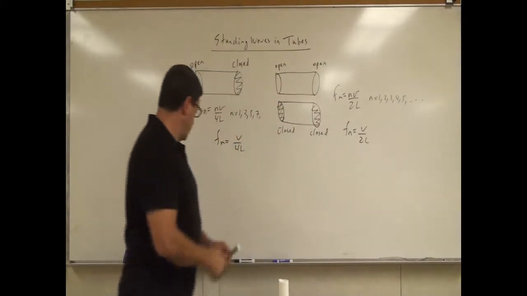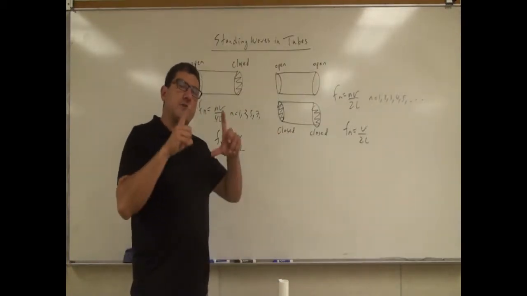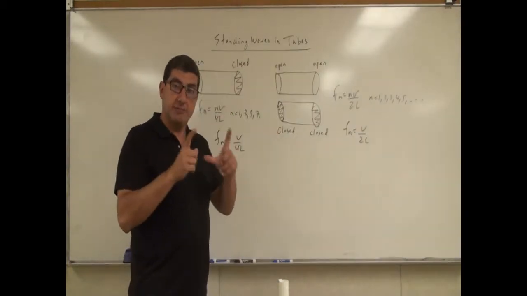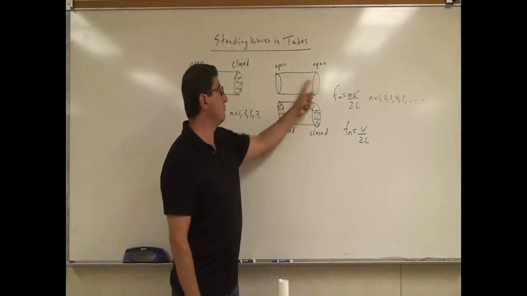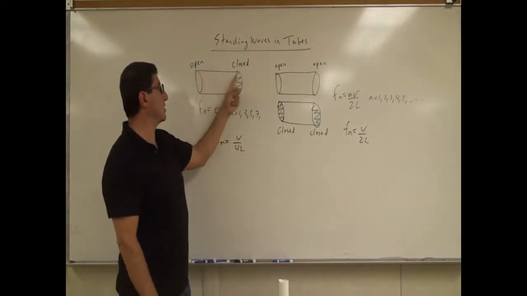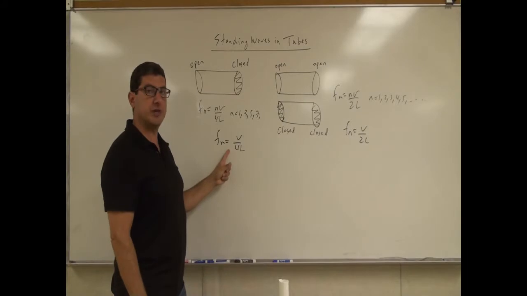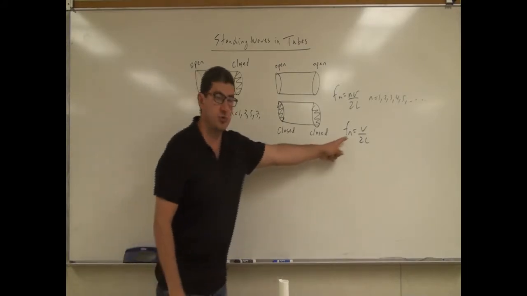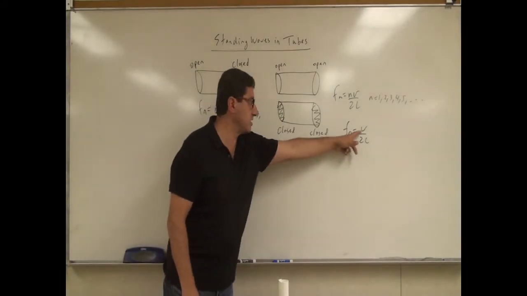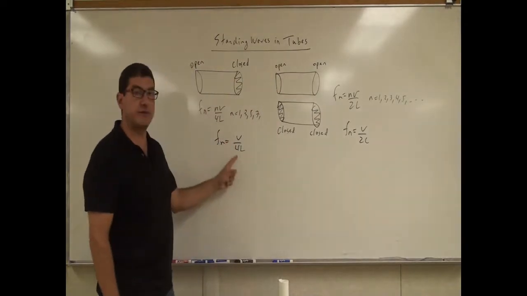Okay? So all other things being equal, if you have a tube that is the same length, but one tube is open at both ends and one tube is open and closed, the frequency produced by this should be double the frequency produced by that, right? This is v/2L and this is v/4L.